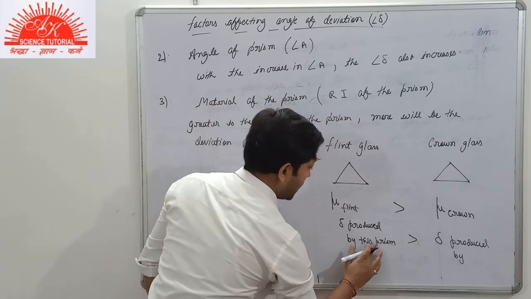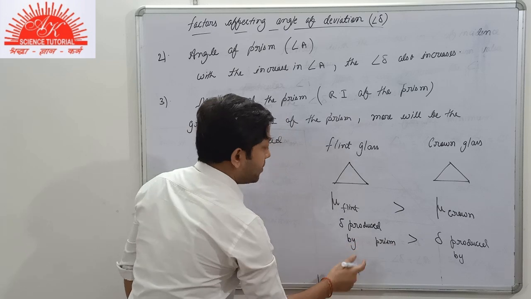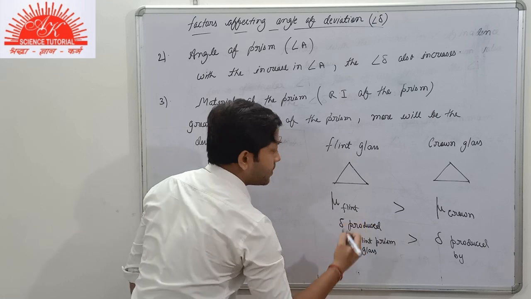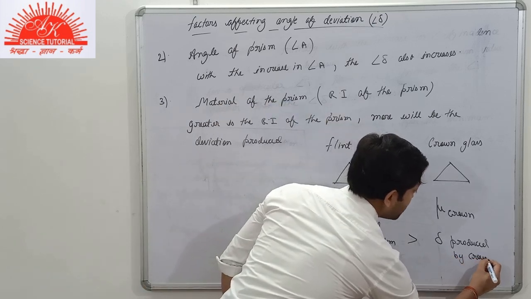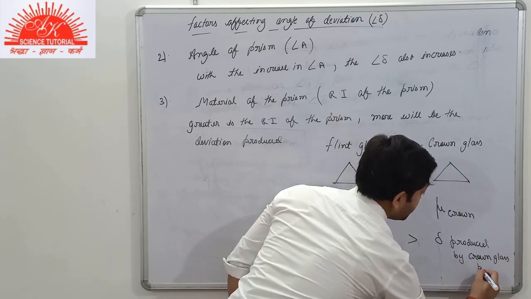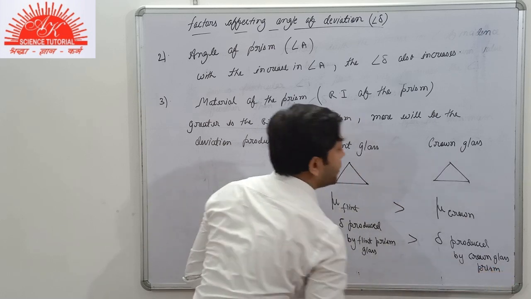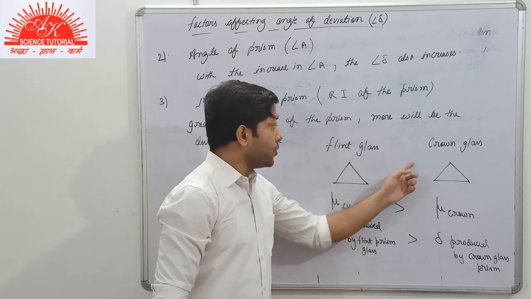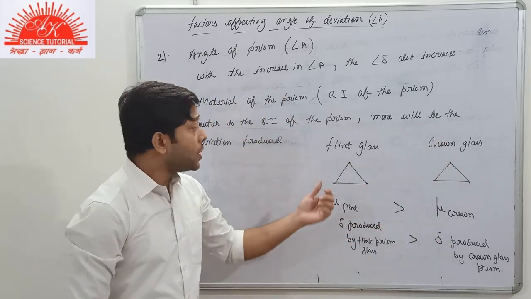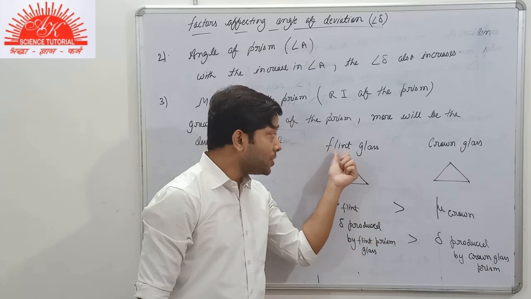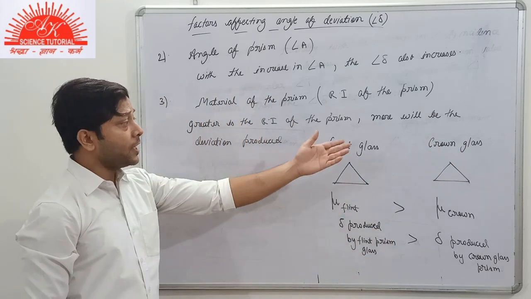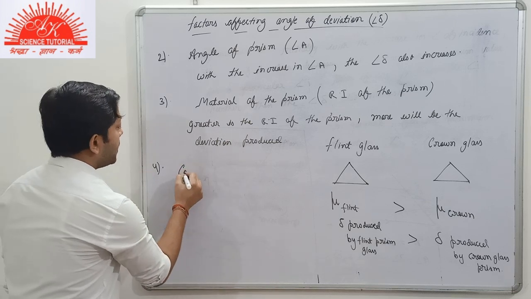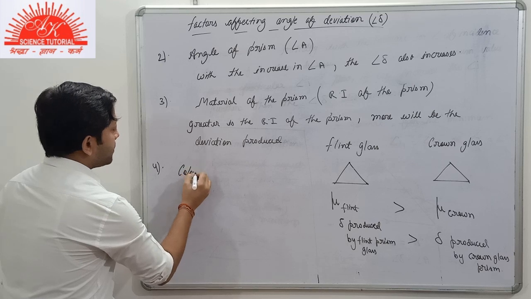Suppose this is our flint glass prism, and this is our crown glass prism. You might be asked which prism will produce more deviation? This prism will produce more deviation. Why so? Because the refractive index of this flint glass is more than the refractive index of that crown glass.